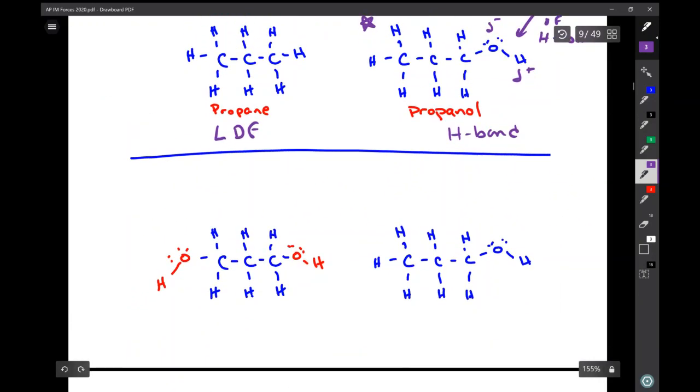All right, so about something like this. I know the red color kind of gave it away. This would have stronger intermolecular forces.